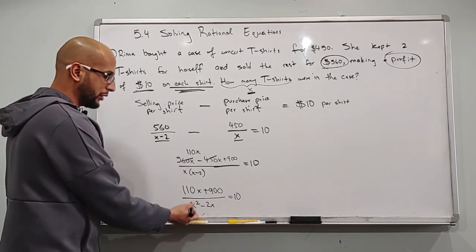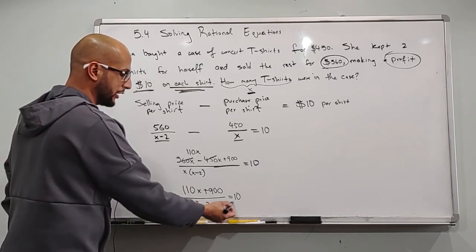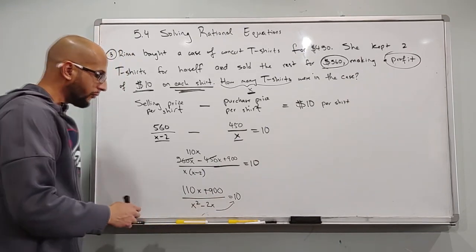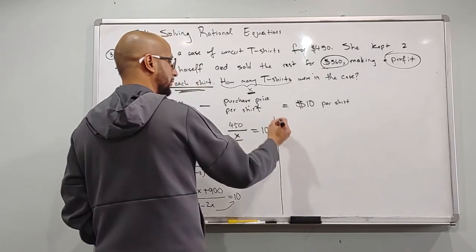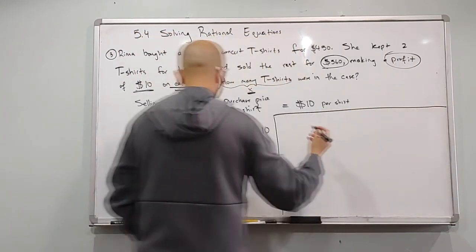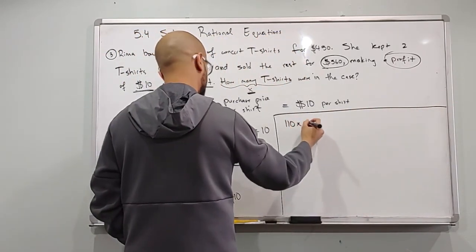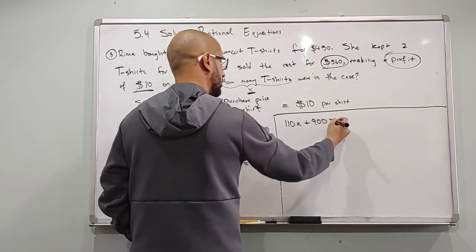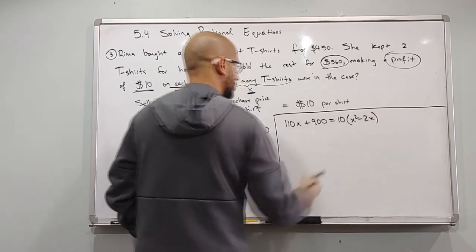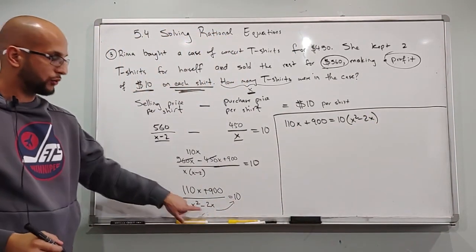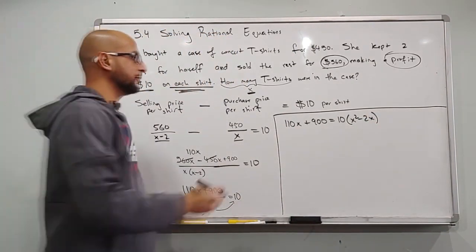I can take x squared minus 2x to the other side and multiply by 10. So I have 110x plus 900 is equal to 10 multiplied by x squared minus 2x.